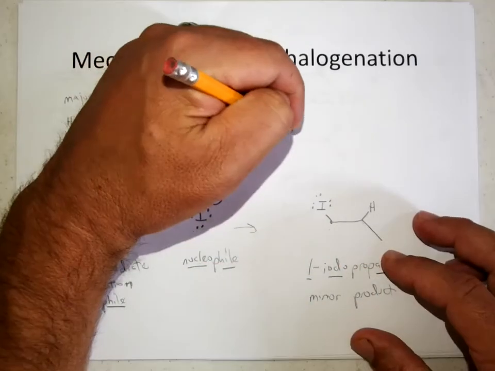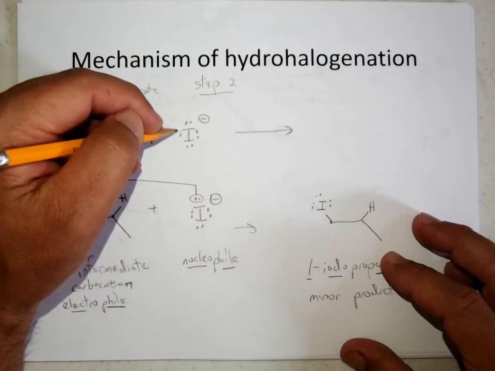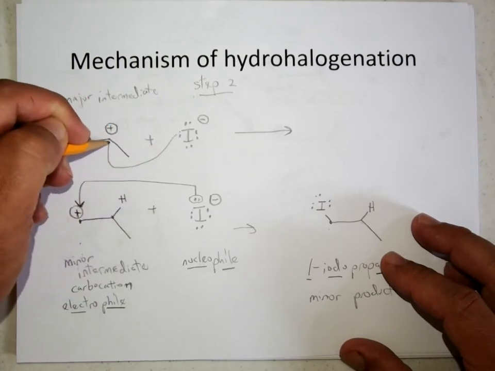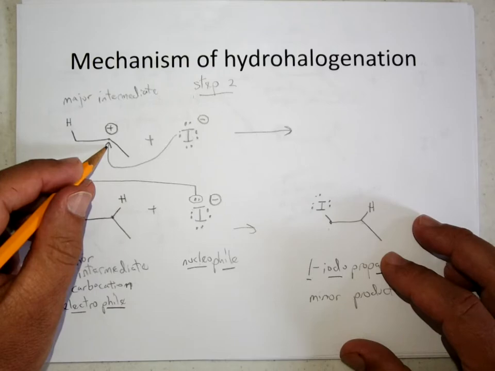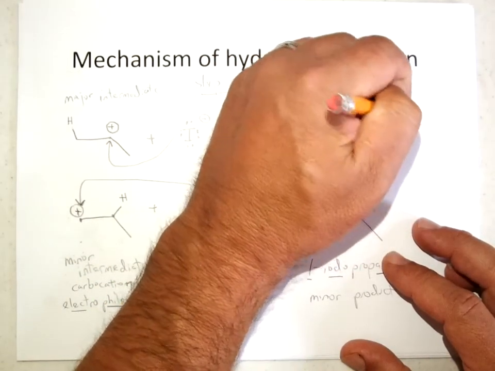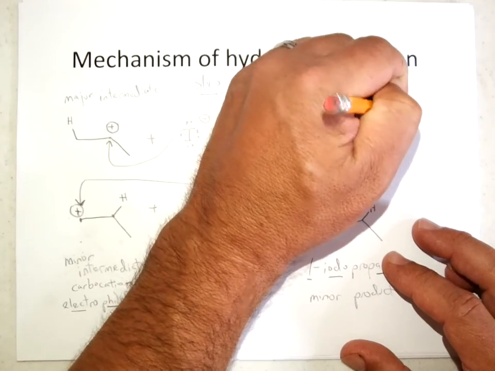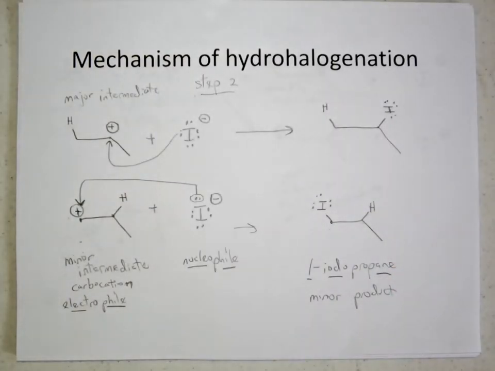If we go do the same thing but with the secondary carbocation, now we'll have the iodide nucleophile attacking the carbocation electrophile to create an iodine carbon bond. Then again, you'll see how the addition reaction is now complete because we've added the hydrogen and the iodide, the hydrohalogenation.